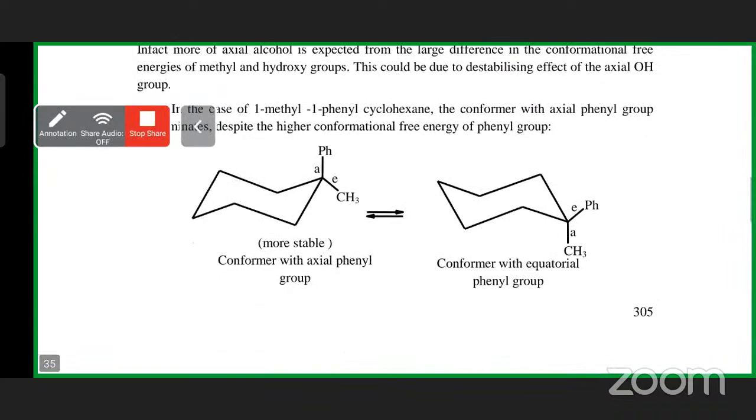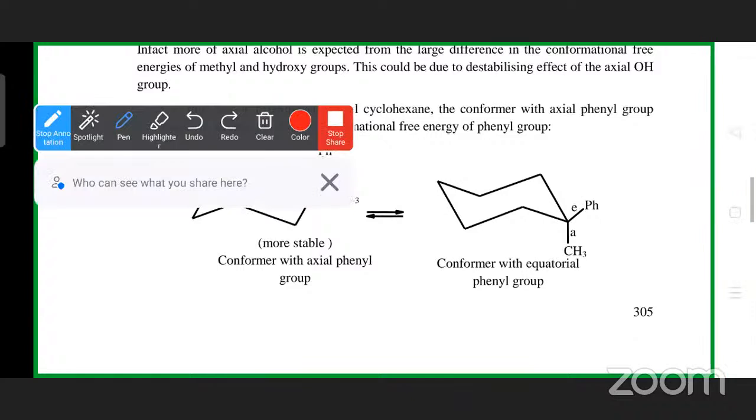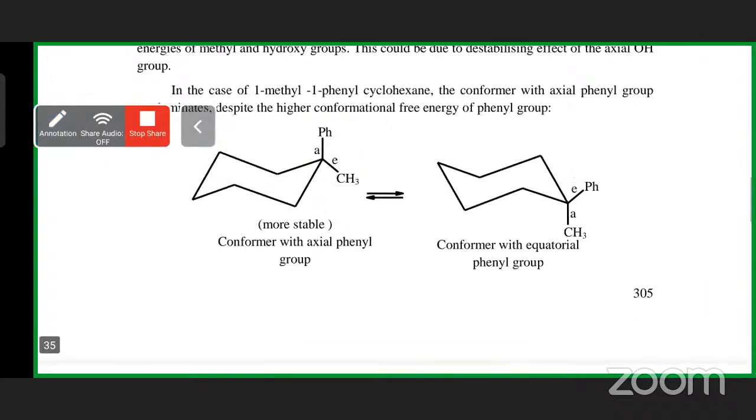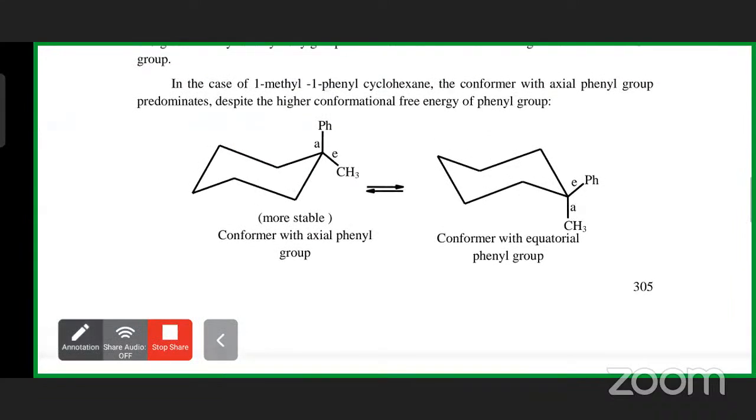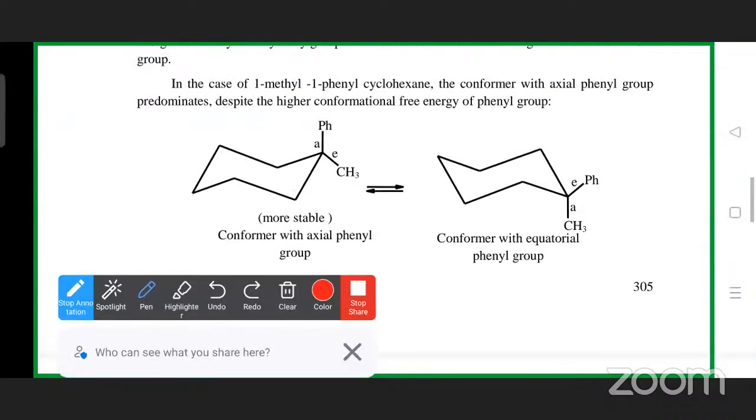And in the phenyl group, here also you see this one methyl, one phenyl cyclohexane conformation. In this particular conformation, this is the phenyl group in the axial orientation, and the methyl is in the equatorial, and here is an equatorial phenyl.